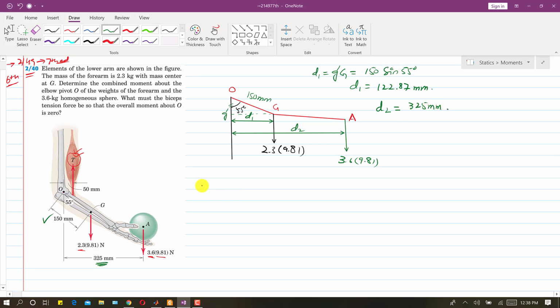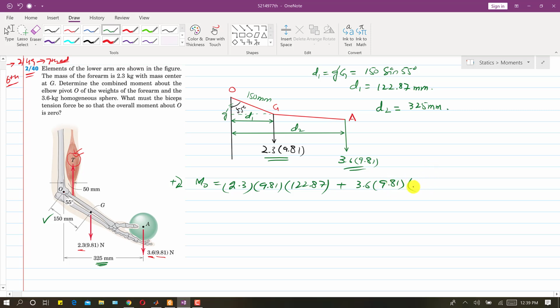So now to find the moment about O, let's assume that the clockwise direction is positive, and both the weights are producing clockwise moment, right? So I will write this weight 2.3 into 9.81 and its corresponding perpendicular distance, 122.87, plus this weight 3.6 into 9.81 into D2.